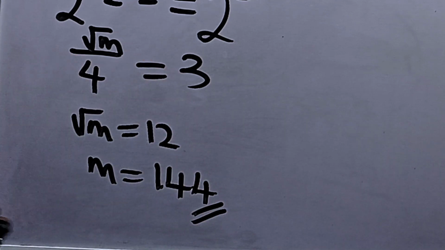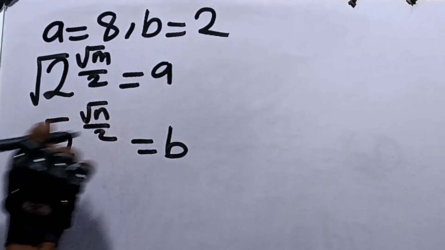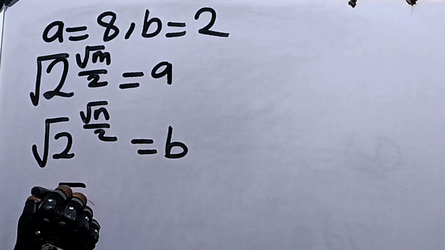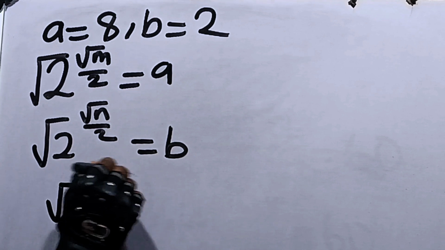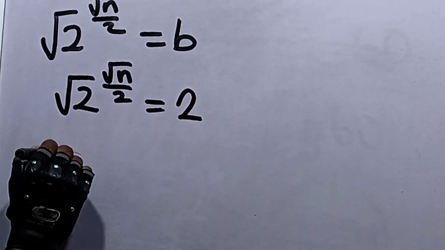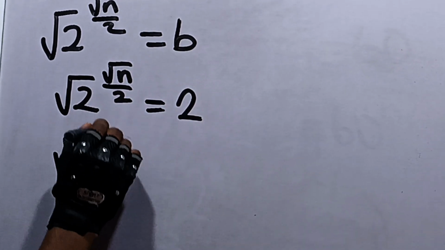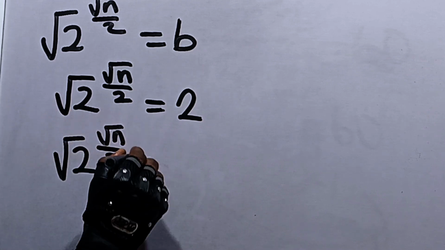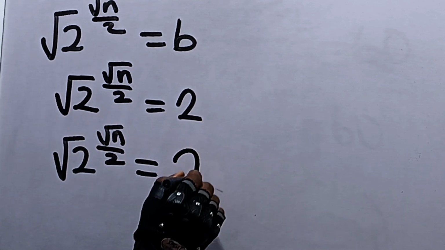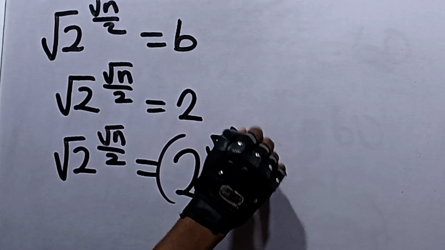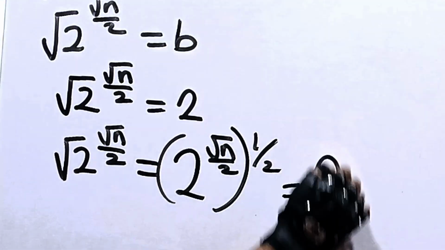Now let's find n. We have that b is equal to 2, so root of 2 raised to power root of n over 2 is equal to 2. This can be re-expressed as 2 raised to power half, raised to root of n over 2, and this is equal to 2.